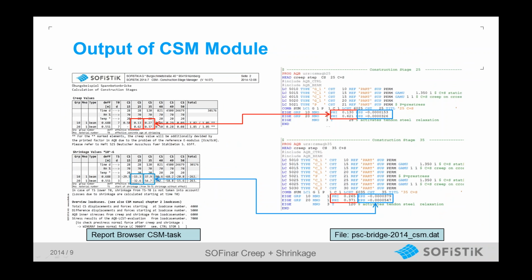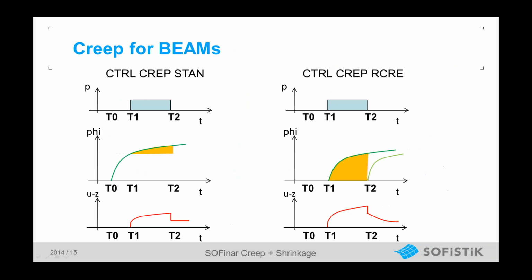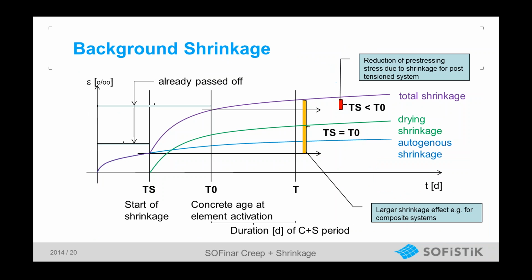Here we are. In the output of the CSM module, below the table of shrinkage values, you see a small sentence: in case of TS lower than T0, shrinkage from TS minus T0 is not taken into account. Losses due to shrinkage are calculated starting at time T0. What does that mean? Switching back to my slide.